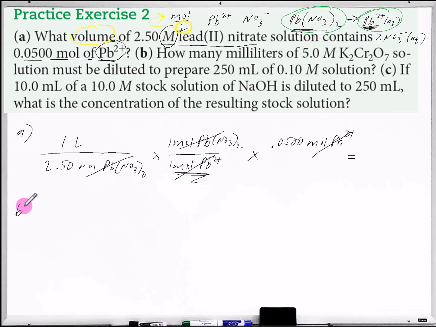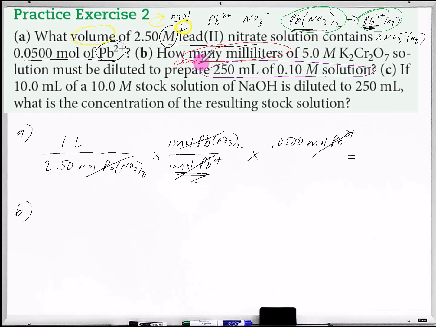For part B, how many milliliters of 5.0 molar potassium dichromate must be diluted? So these are the diluted amounts. That's giving you the diluted amounts, and they want to know how many milliliters of the concentrated.